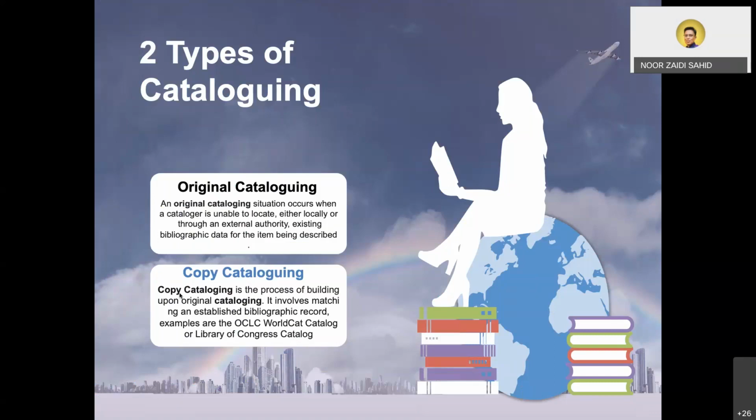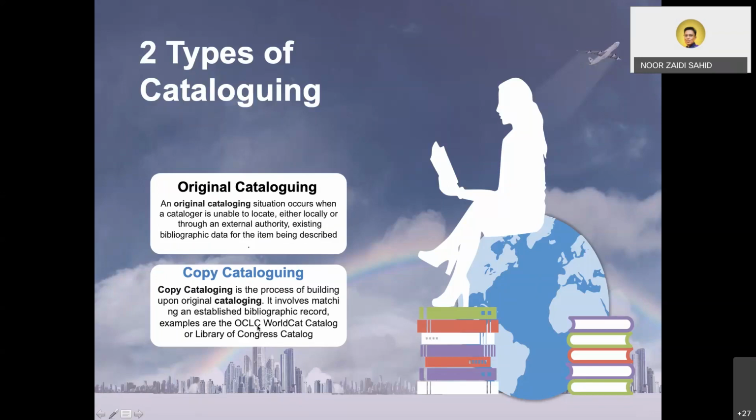Tetapi National Library di sini juga ada berperanan sebagai mengawal selia Union Catalog. They manage the Union Catalog for Malaysia. And finally, the National Library submits the bibliographic records from PITA Library and other libraries in Malaysia to OCLC.